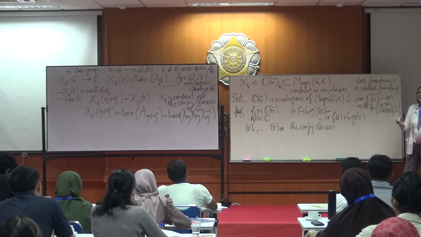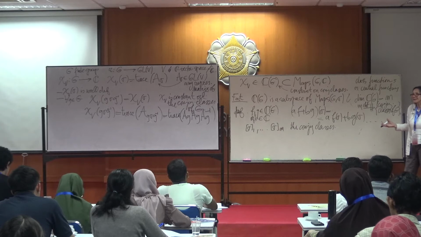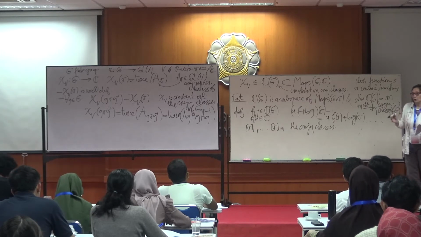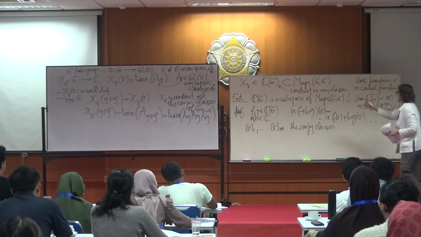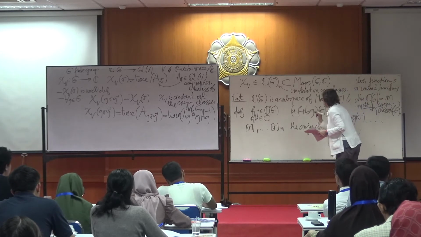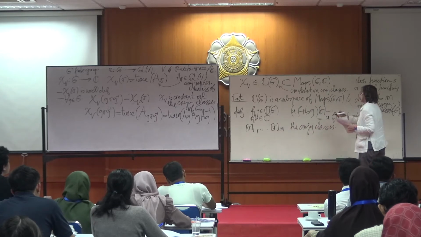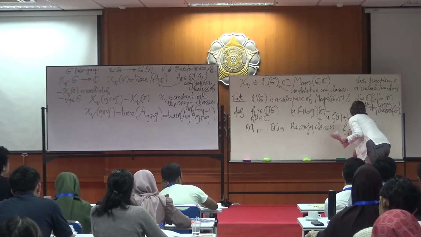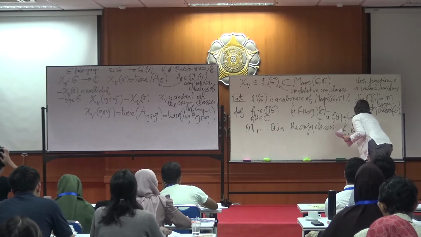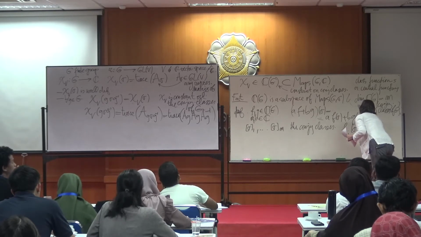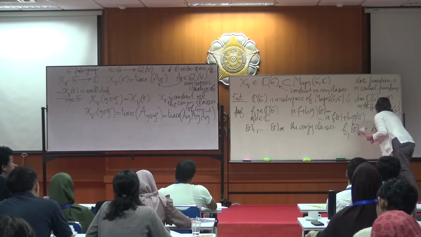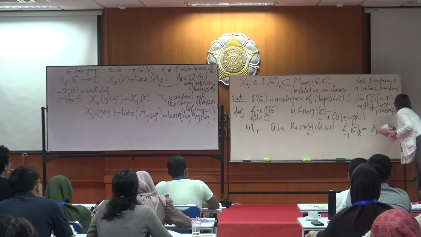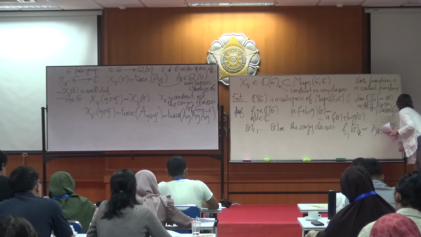So these functions are clearly linearly independent, and they span C(G). Now, if I take f j of sigma k equal to delta jk, this certainly is a function in C(G).